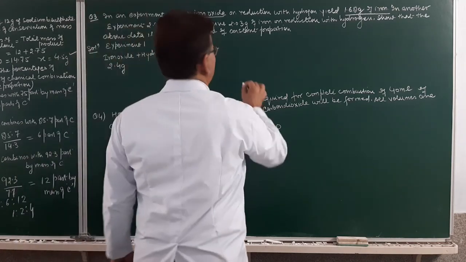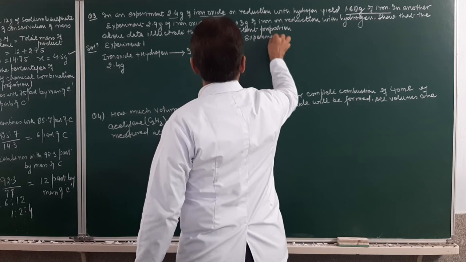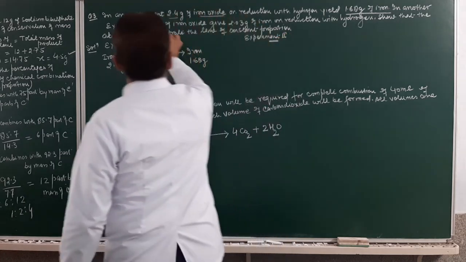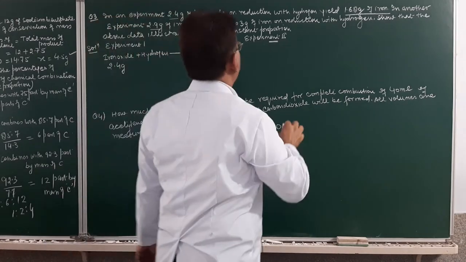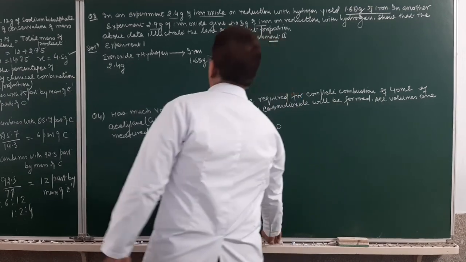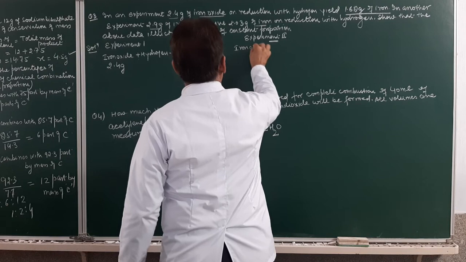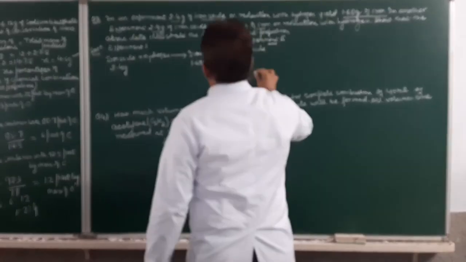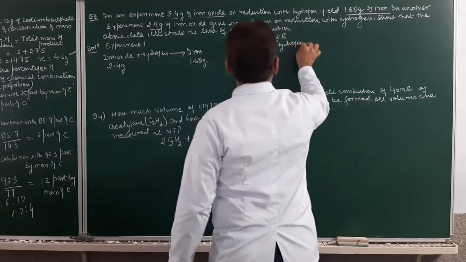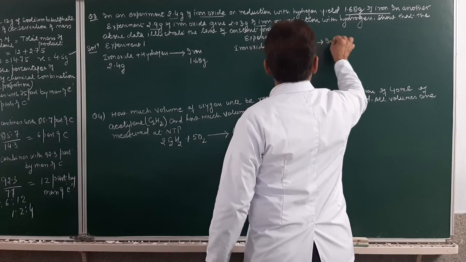Now if I take another experiment, experiment 2, what is given? 2.9 gram of iron oxide gives 2.03 gram of iron on reduction. So in this experiment, iron oxide when reduced with hydrogen gives iron.